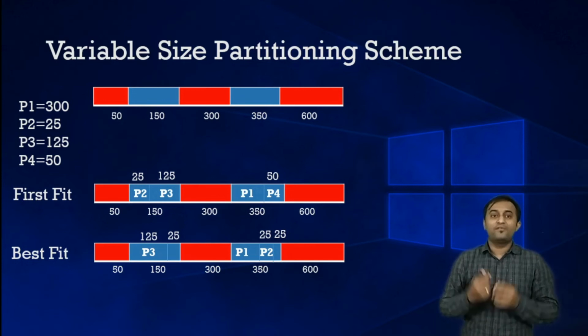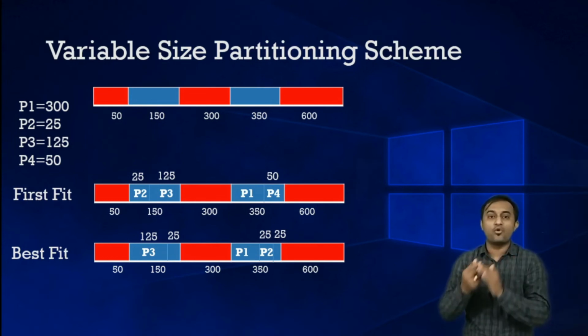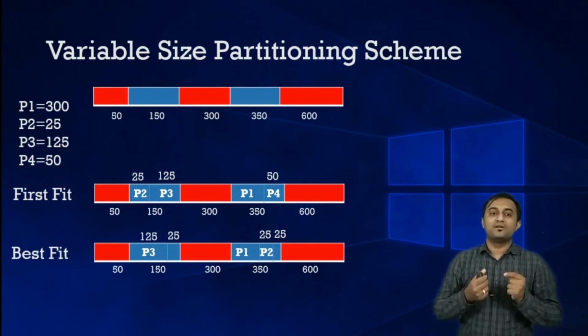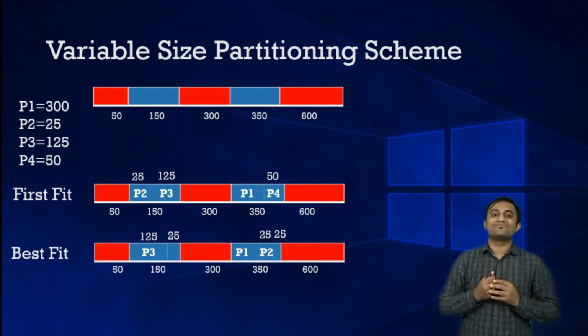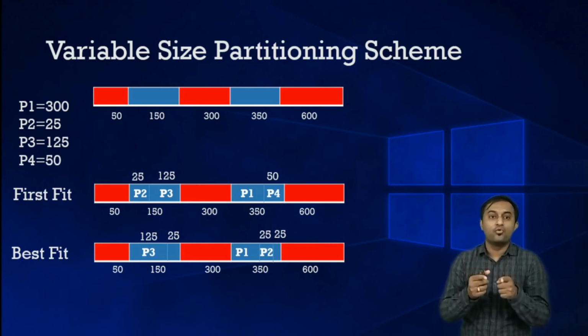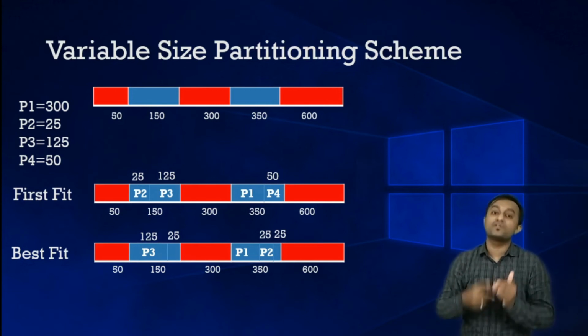So 50 KB is smaller as compared to the 150 KB block. So P2 would be accommodated in the 50 KB block instead of 150. This is the change with respect to the first fit algorithm. Out of 50, 25 KB would be allocated to the P2 process and the remaining 25 KB can still be utilized for an upcoming process.